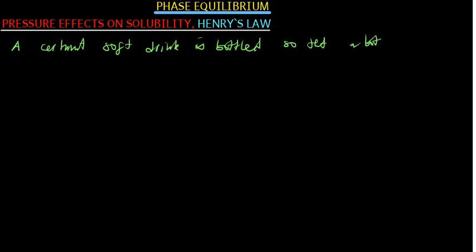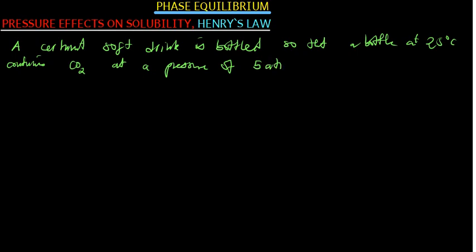A certain soft drink is bottled so that a bottle at 25 degrees Celsius contains carbon dioxide at a pressure of 5 atmosphere over the liquid, so that is on top of the liquid inside the bottle.